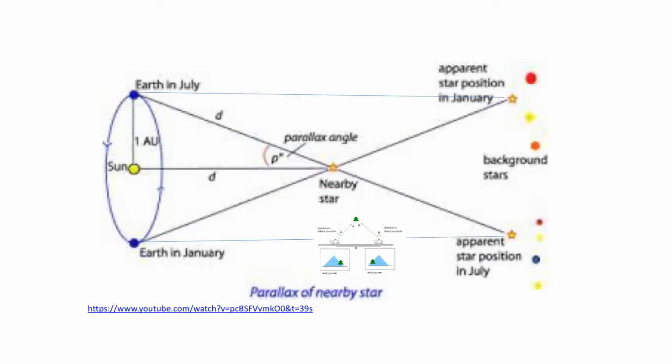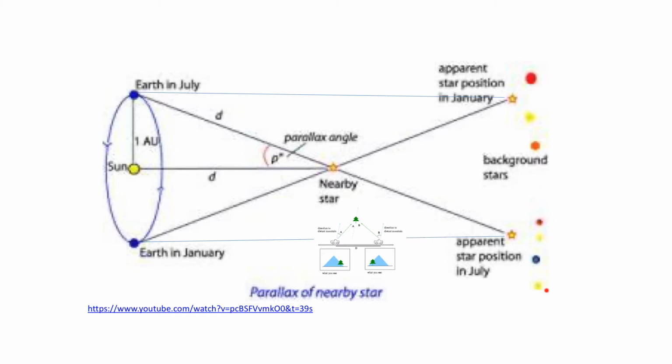So hopefully you've had a chance to watch that. Now, if we just look at this diagram, and apologies for it being hazy, let me pick out the key things from what you should have just watched. We've got the sun at the middle, and as explained in the video, we've got to take measurements 6 months apart, so one in the summer, one in the winter. We've got our nearby star, and we always measure that with parsecs, and then we've got our parallax angle just there.